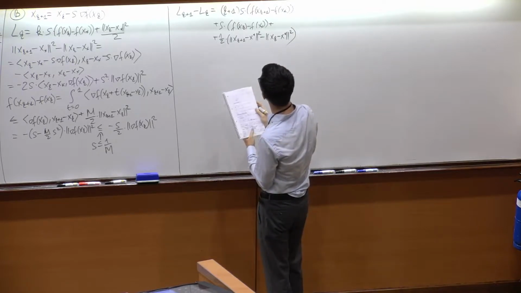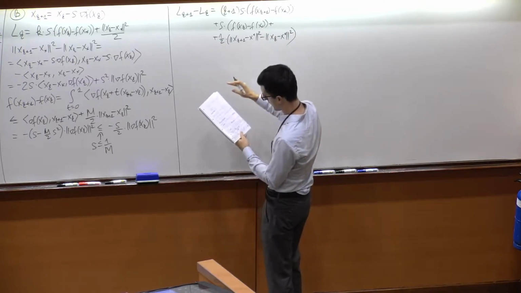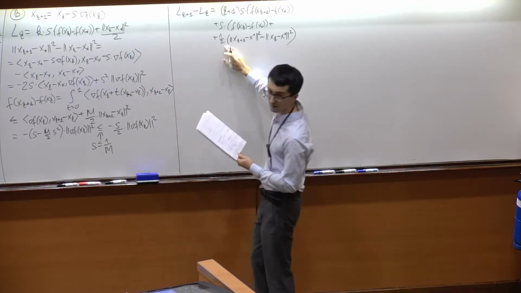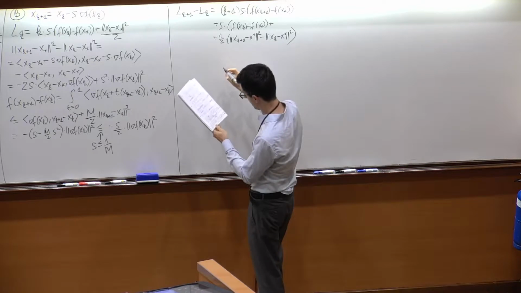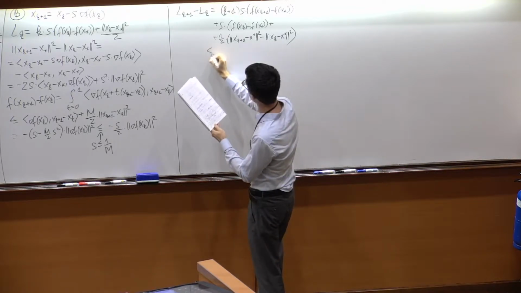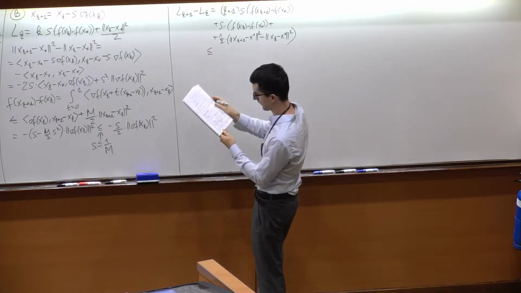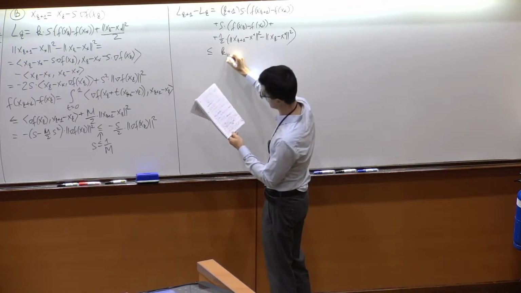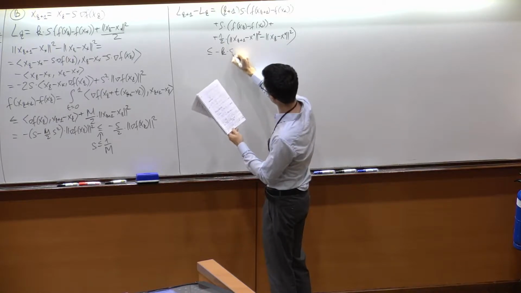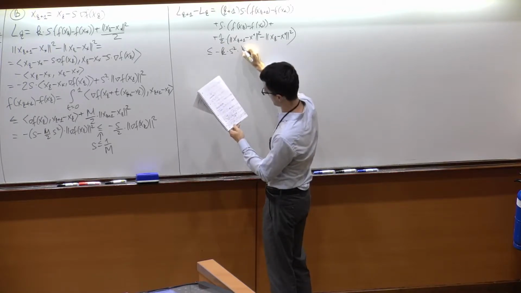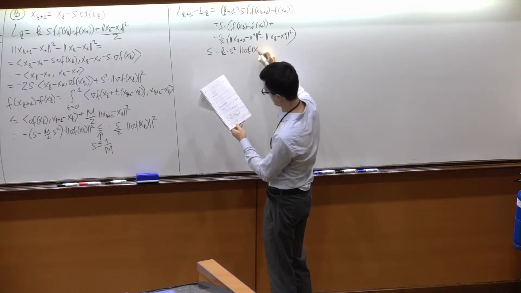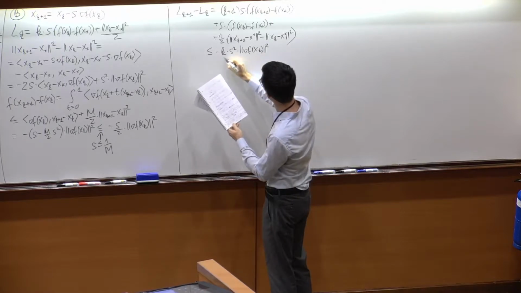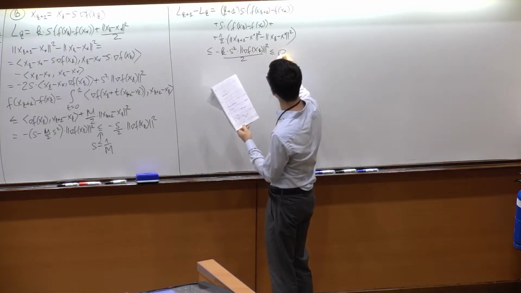And okay, if you substitute these things inside, you will get some nice cancellations, and in the end you will get that this is less than or equal to k times s square times gradient f xk square over 2, and that is less than or equal to 0.